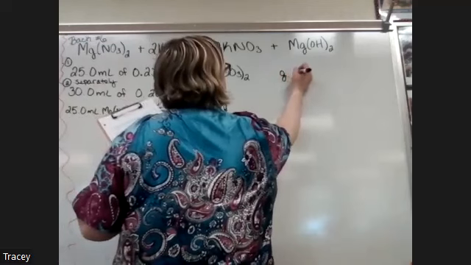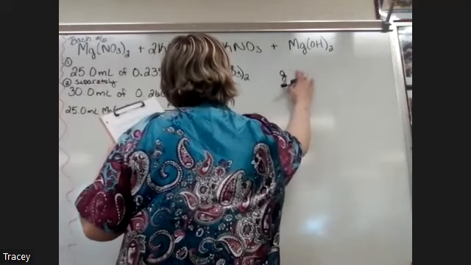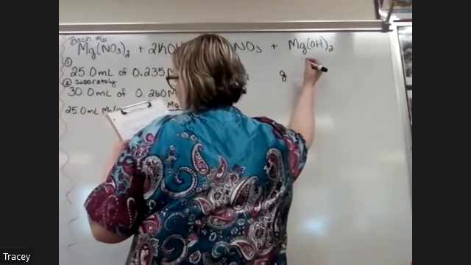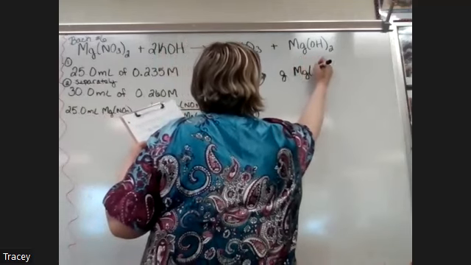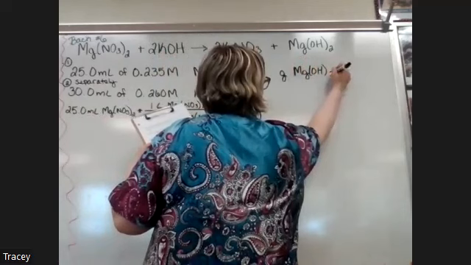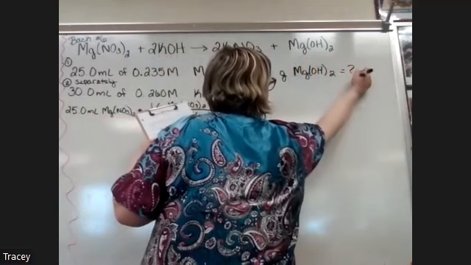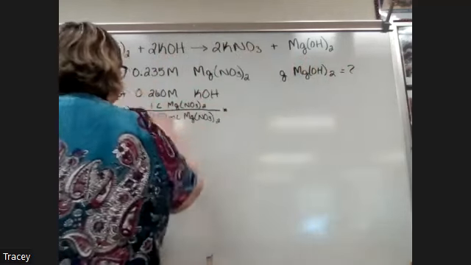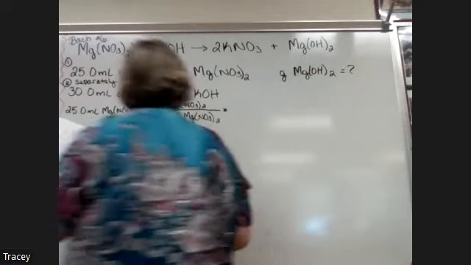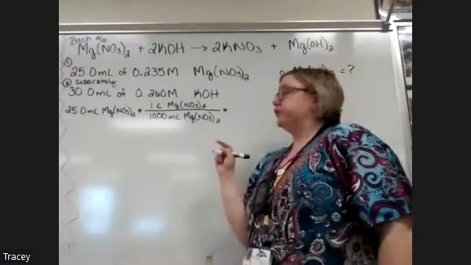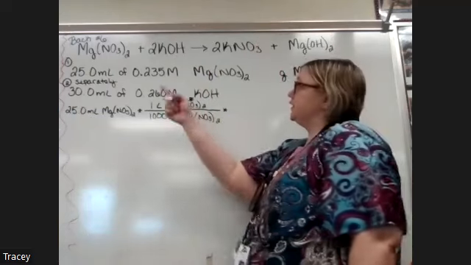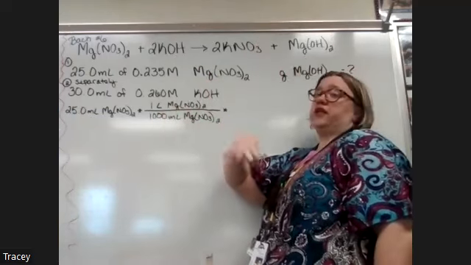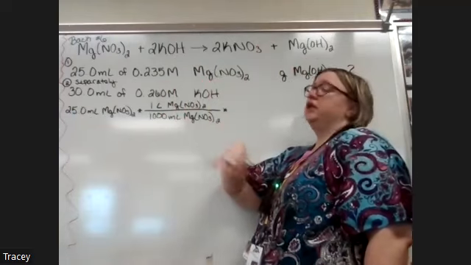I forgot to put the question. We are finding grams of the Mg(OH)2. Back to the stoichiometry. We've got liters of Mg(NO3)2. We need to get to moles. Stoichiometry happens in moles.